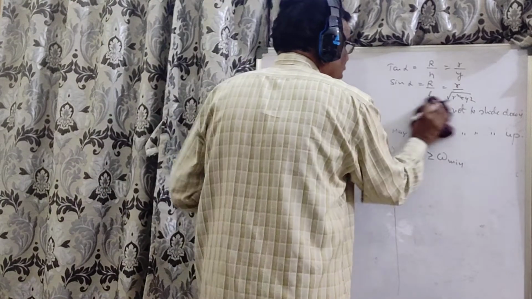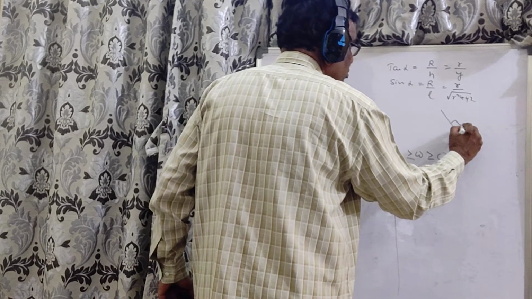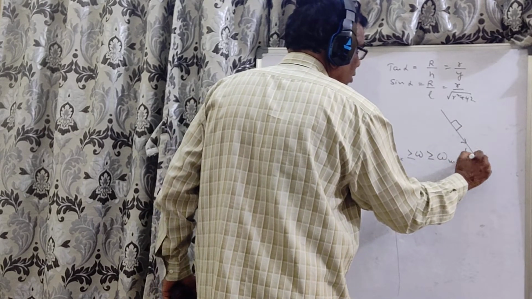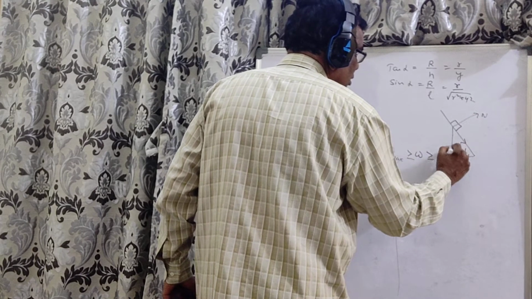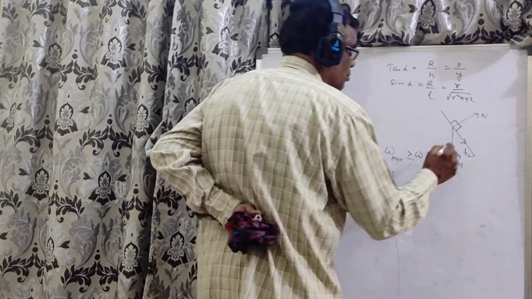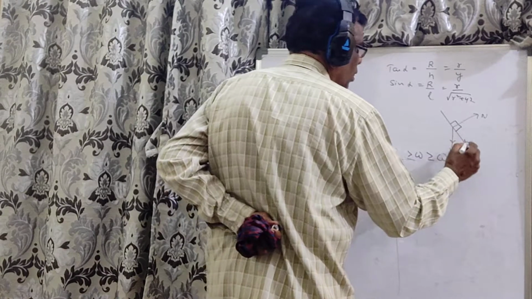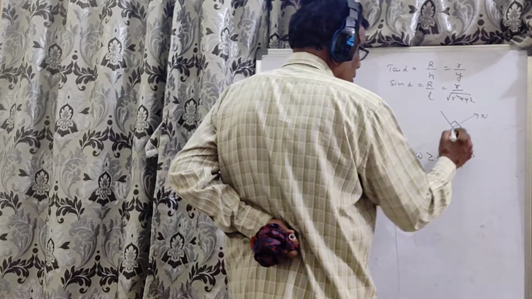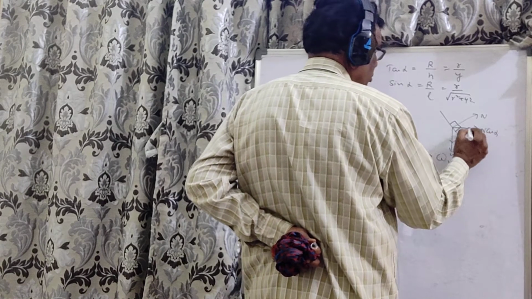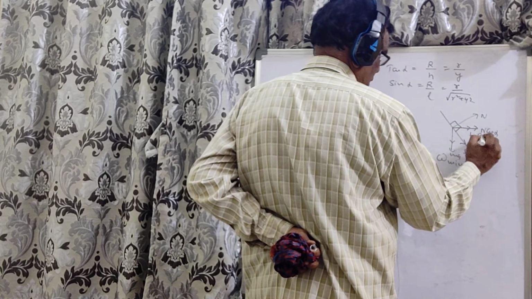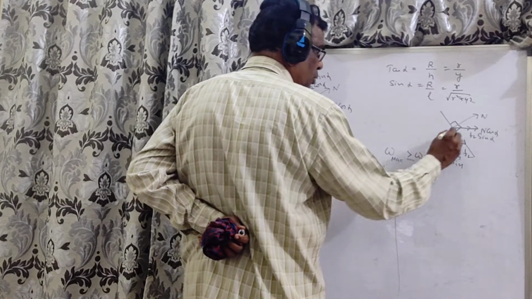I'll try to put that here. FL and mg. Now, this is N cos alpha. This is FL sin alpha. So how do you write the centripetal force there?